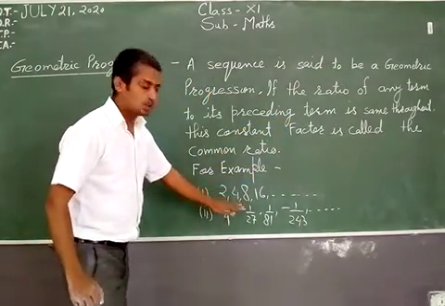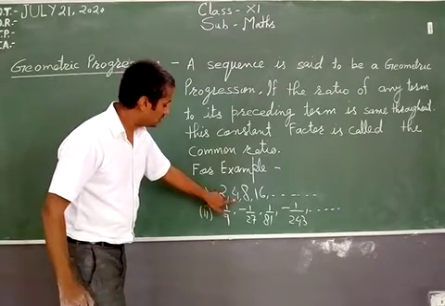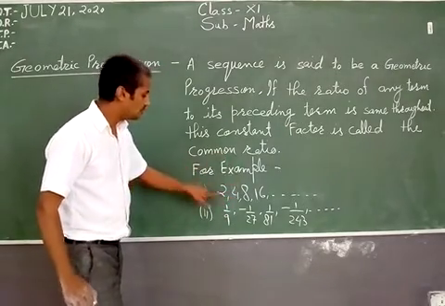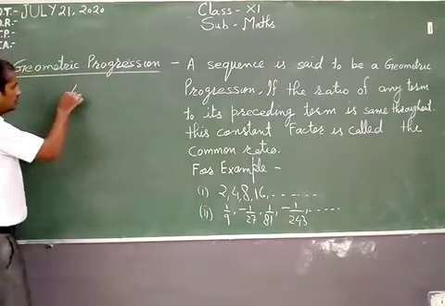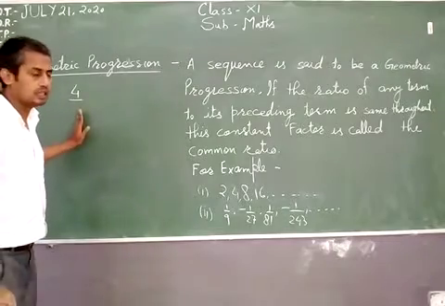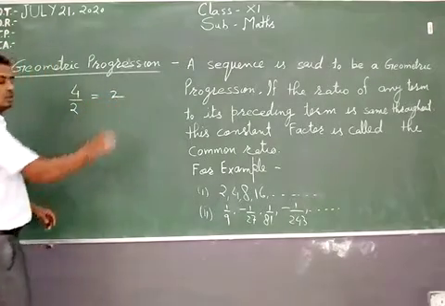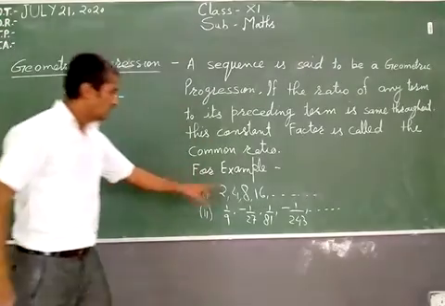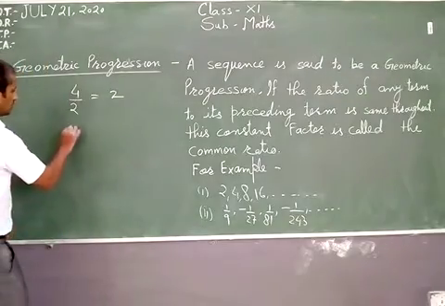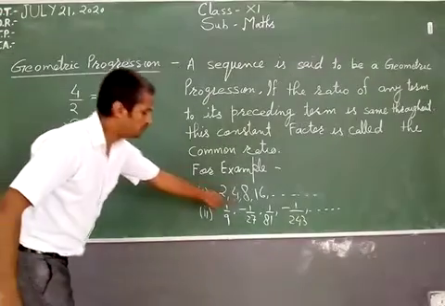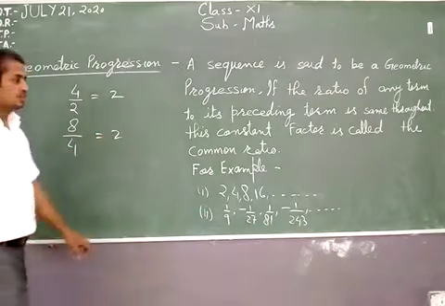So in the given sequence, the second term is 4 and the first term is 2. Now I divide 4, the second term, by the preceding term 2, and the ratio is 2. The third term 8 divided by the preceding term 4 equals 2.